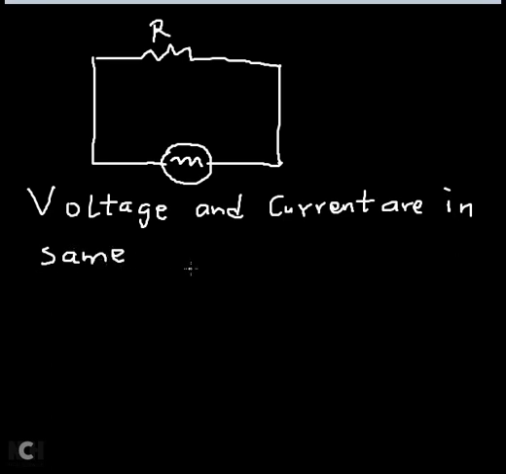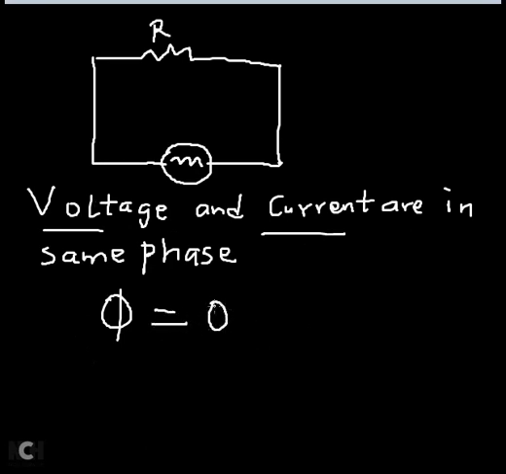So there's no lag or lead. The voltage and the current don't lag or lead. The phase angle between the voltage and the current is simply 0. There's no angle between them. So a resistor can never give you any reactance.